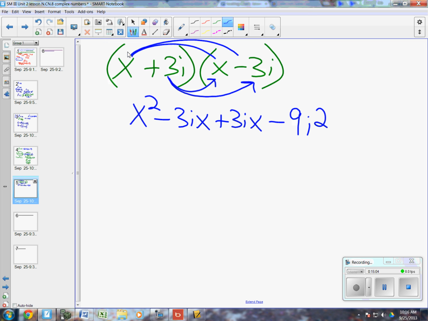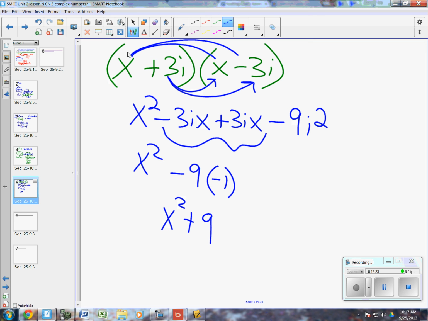And 3 times 3 is 9, right? Now, some of you guys, when you got to that part, you kind of messed up. But what do the two middle terms add up to, you guys? 0. And then I have negative 9 times negative 1 because i squared is equal to negative 1. And what's negative 9 times negative 1? Positive 9. So x squared plus 9 factors to be x plus 3i, x minus 3i. Are we kind of getting the idea of this? Okay, all right, so hopefully we're getting it down.